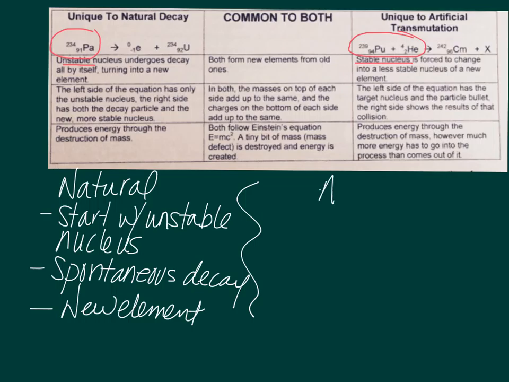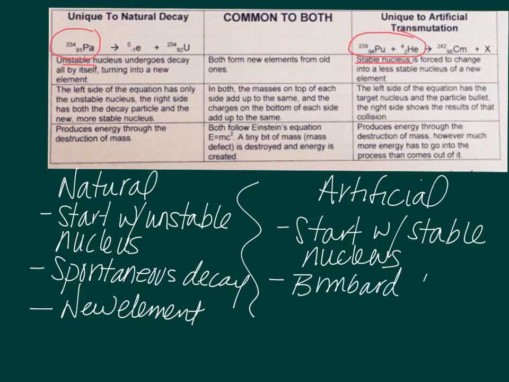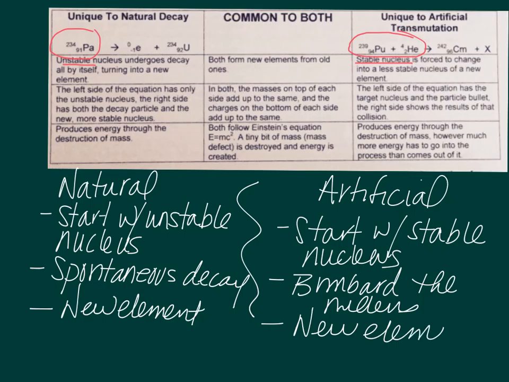In artificial, we start with a stable nucleus, bombard the nucleus, and then new element. I also like to say this has one reactant, this has two reactants.